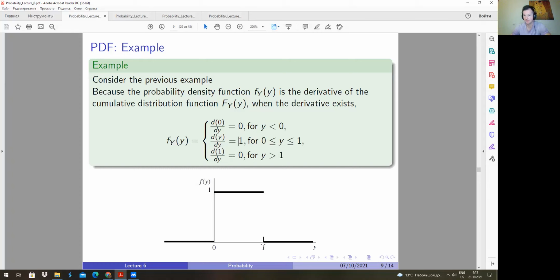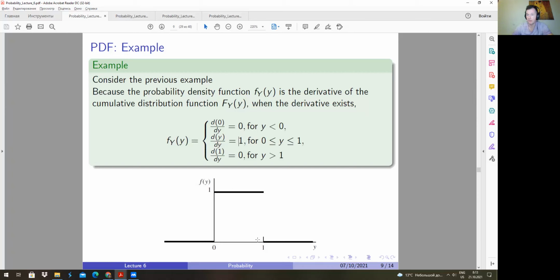And now look, I said that there is also a geometric interpretation of the cumulative distribution function of the previous one. This is the area under the graph of the PDF. Look, we have something like a rectangle here, right?